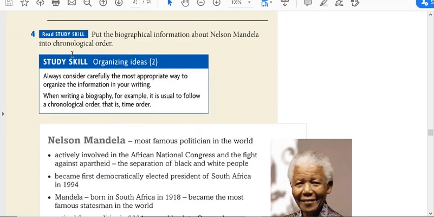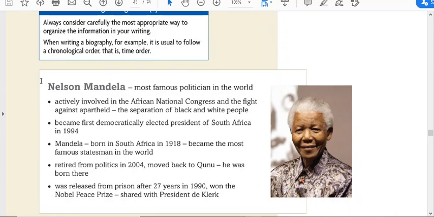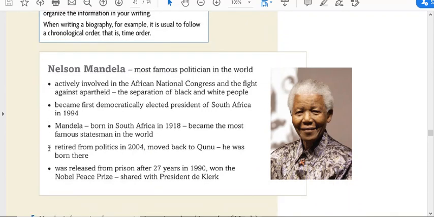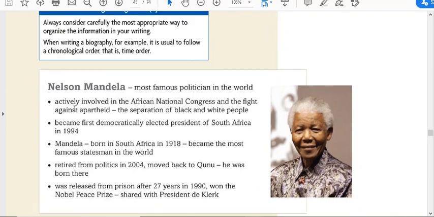Finally for this lecture today, exercise number 4, put the biographical information about Nelson Mandela in chronological order. Okay, so we got 1, 2, 3, 4, 5 bullets, and then we might need to focus on the earlier version or the early year.